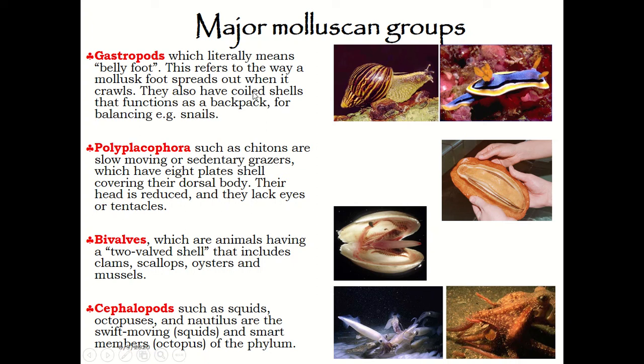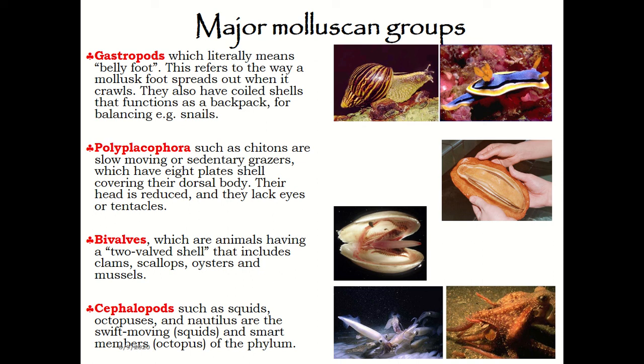They also have a coiled shell that functions as a backpack for balancing, such as in snails. For the class Polyplacophora, such as the chiton here, chitons are very slow-moving grazers which have eight-plate shells covering the dorsal body, and their head is reduced and lacks eyes and tentacles.